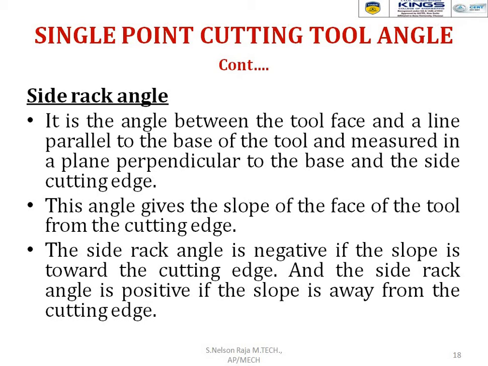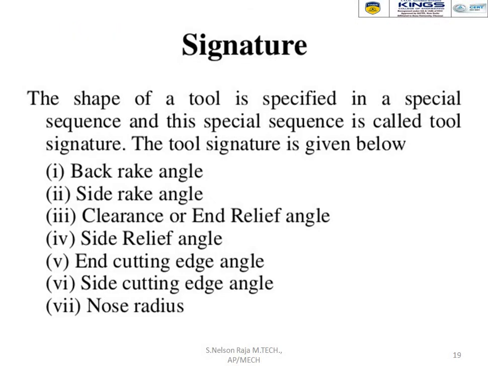The side rake angle is negative if the slope is toward the cutting edge, and positive if the slope is away from the cutting edge. So what is the condition for side rake angle? The side rake angle is positive if the slope is away from the cutting edge. So that's all about the side rake angle.